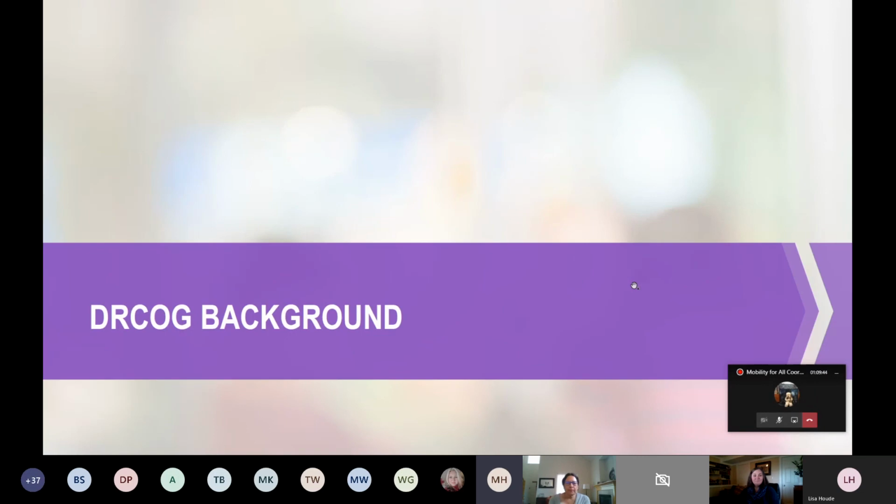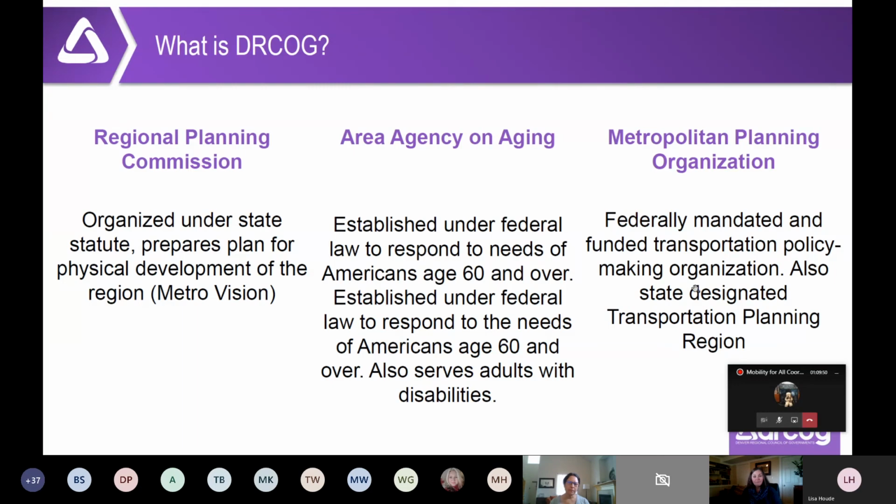So here's a little bit of background. Many of you know, but Dr. Cog has several functions. We're a regional planning commission, an area agency on aging, and a metropolitan planning organization.